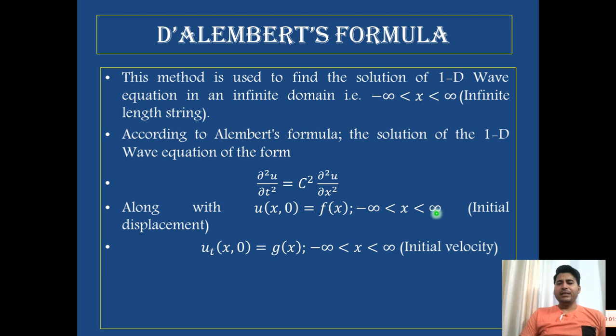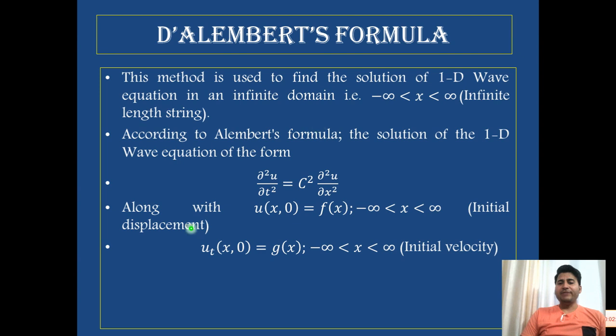In the earlier problem solved by separation of variables, the length of the string was finite, but here it is infinite, from minus infinity to plus infinity. So the initial deflection is f(x), and the initial velocity, del u over del t at t equal to 0, is g(x). In the earlier problem we took the initial velocity as 0, but here I am taking it as a function of x, that is g(x).